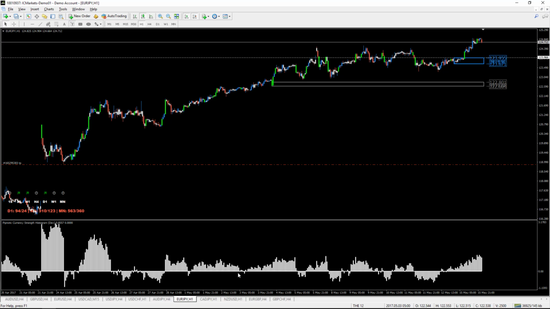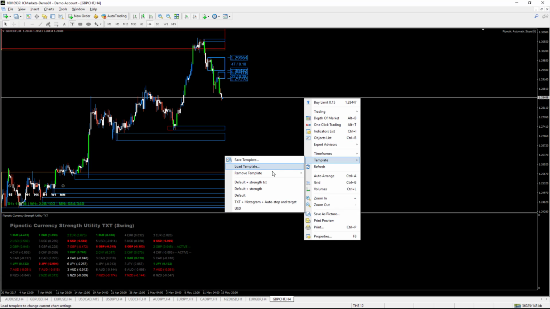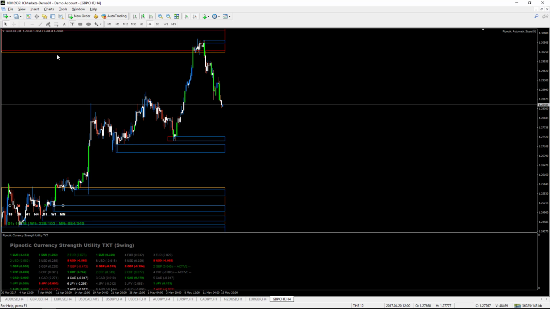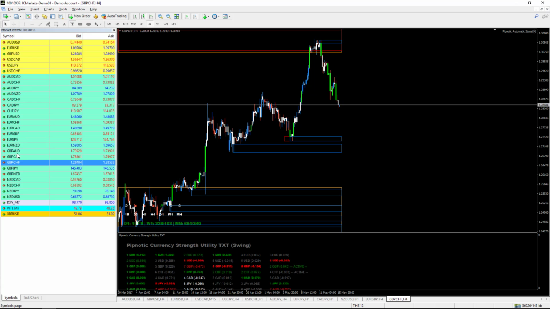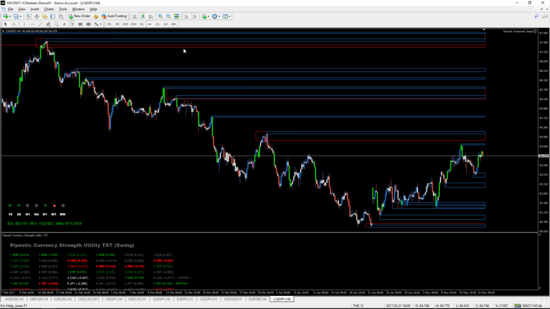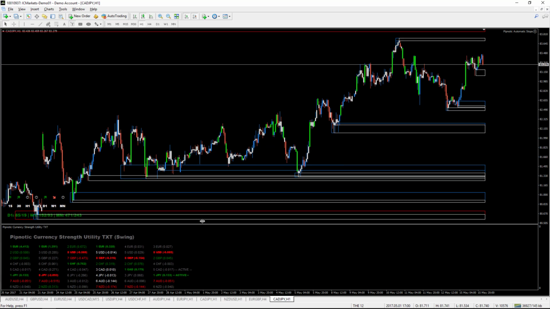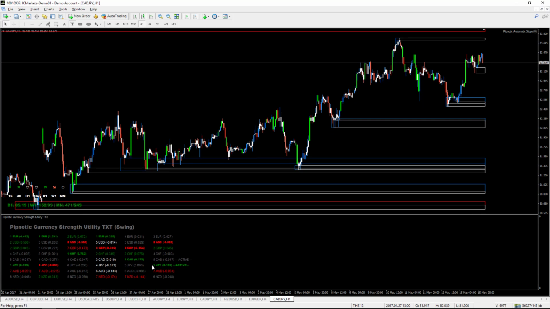So today, as a matter of fact, I was looking to buy the CAD Japanese yen. Let me put that on here. The trade is off. It was a shorter term trade, and I was watching this on the hourly chart. The CAD was very strong, the yen was weak.